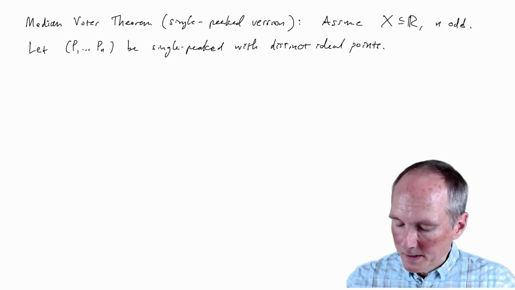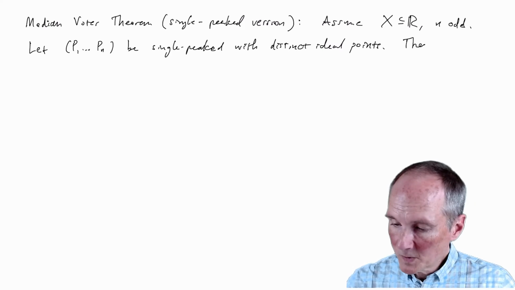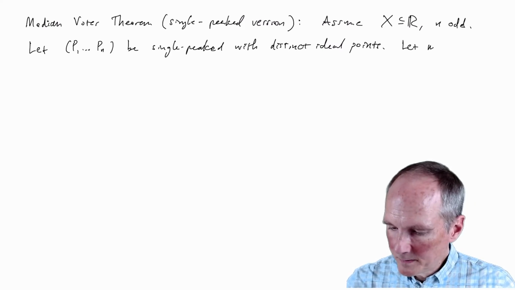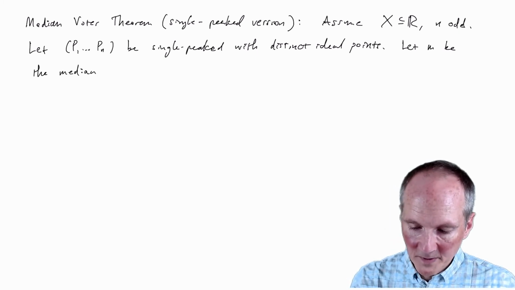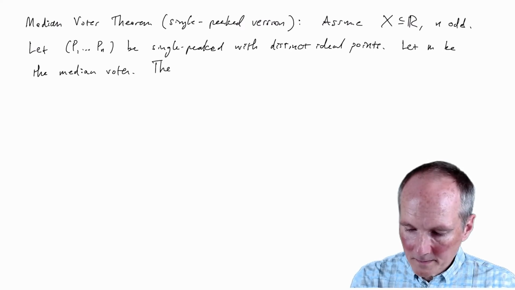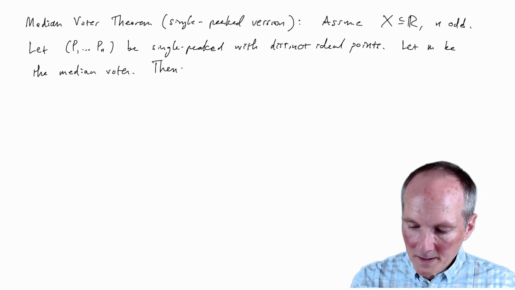All right, then let M be the median voter. That's the standard notation we're using. Okay, then we can say two things.